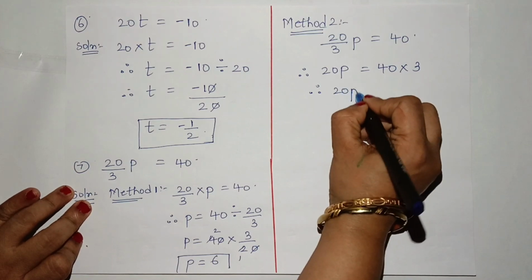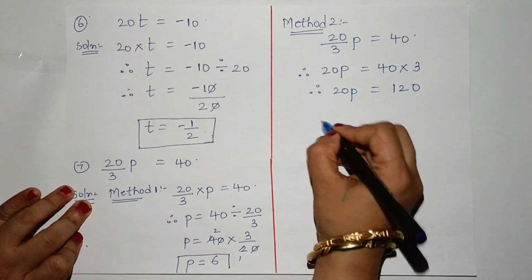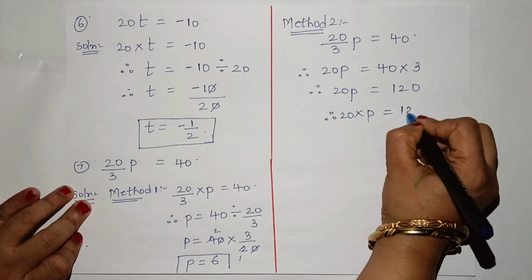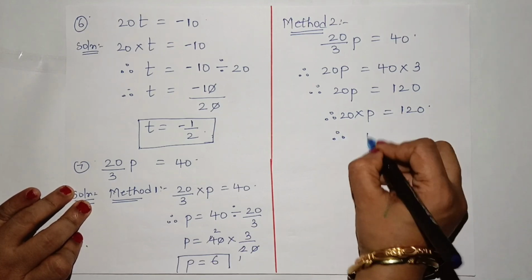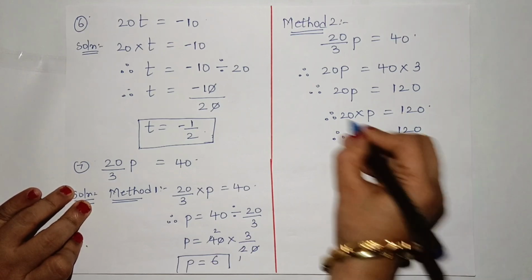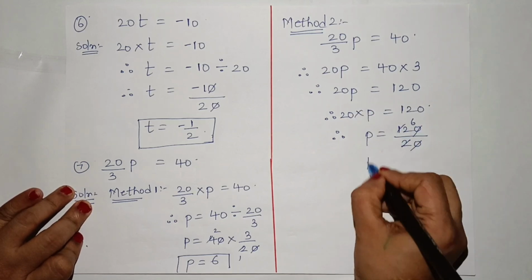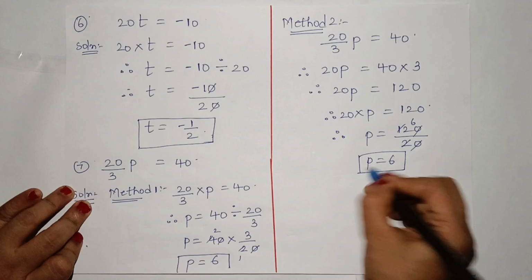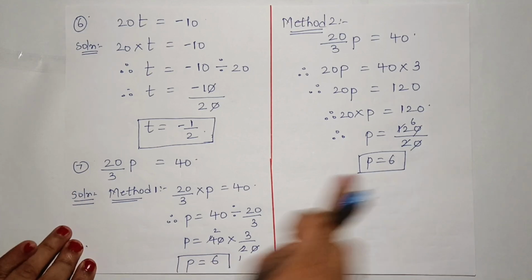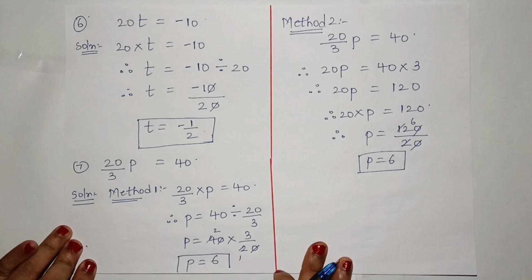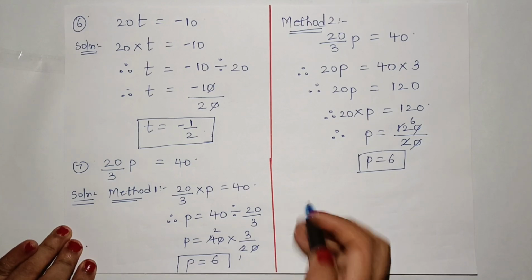Therefore 20p, 4 threes are 12. Therefore 20p means 20 times p, correct? Therefore P equals 120. Shift 20 to that side, divide. 2 sixes are 12. Can you see? Both the answers are correct. P is equal to 6, P is equal to 6. Method 1, method 2, whichever method you want, you can apply.